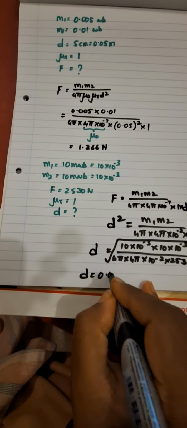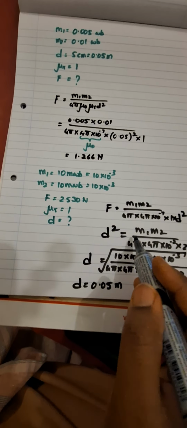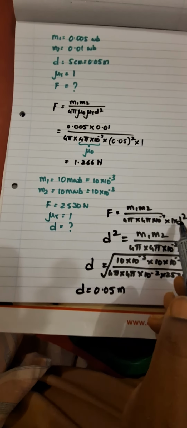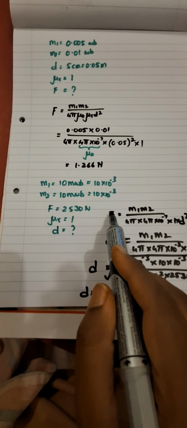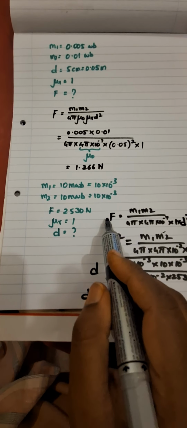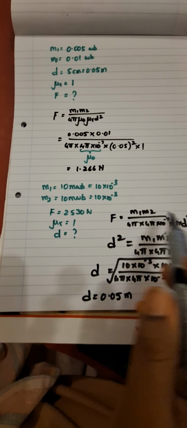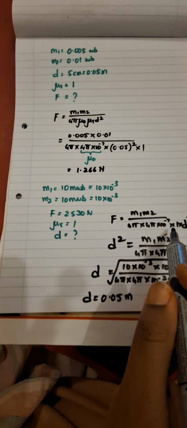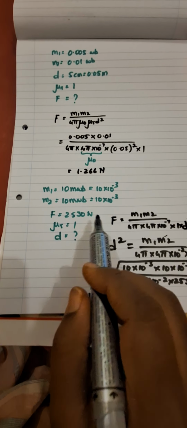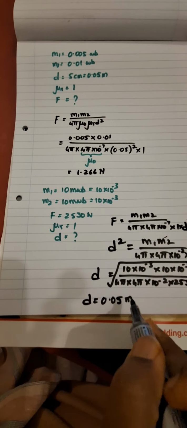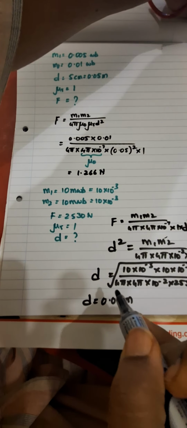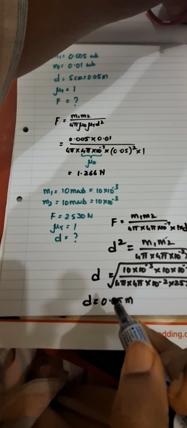So you should get 0.05 meters. That should be your answer. The formula is asking about distance, but we have F, so we moved d to the left and F to the right. As it is in the numerator it came to the denominator, and as it is in the denominator it went to the numerator. So finally we got distance as 0.05.